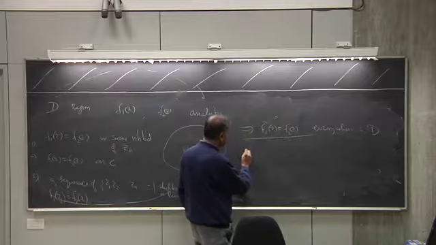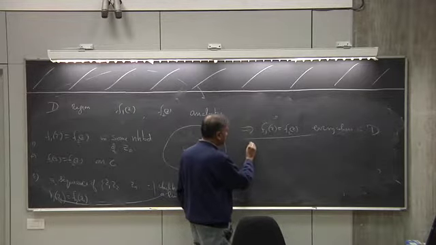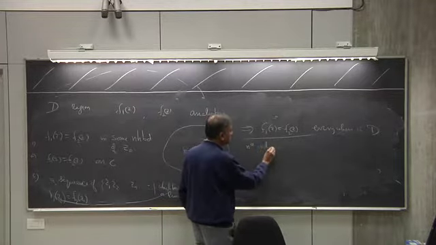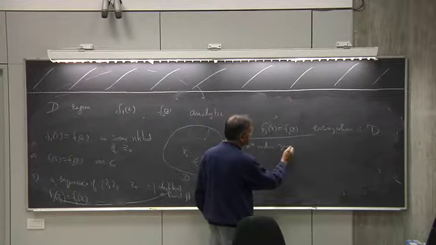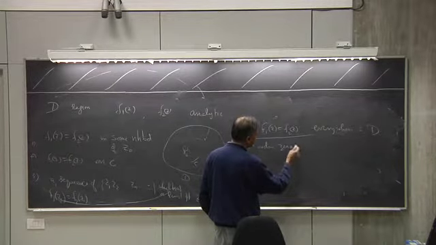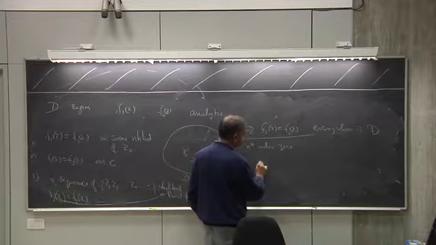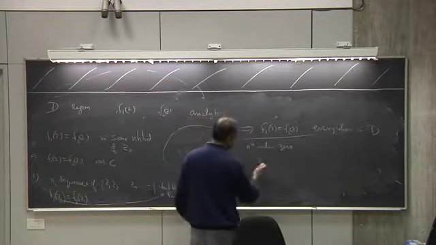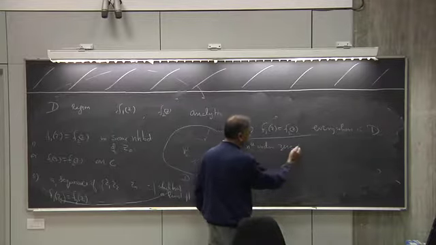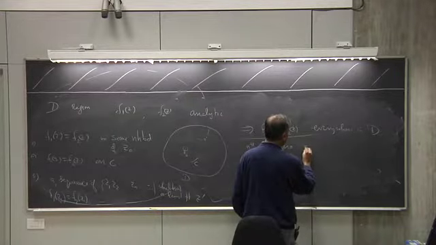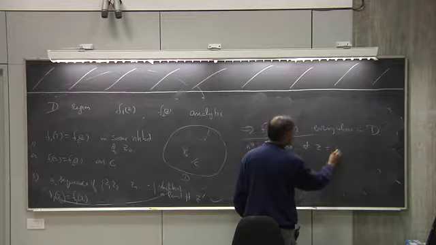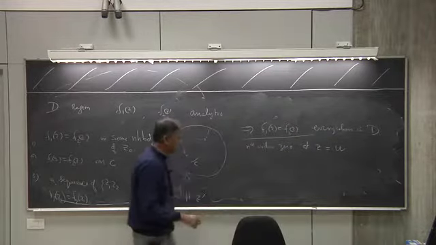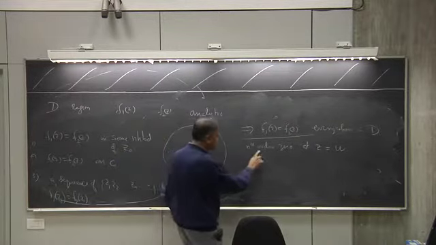Suppose there is some nth order zero at z equal to some u, where u is some complex number. What does it mean?